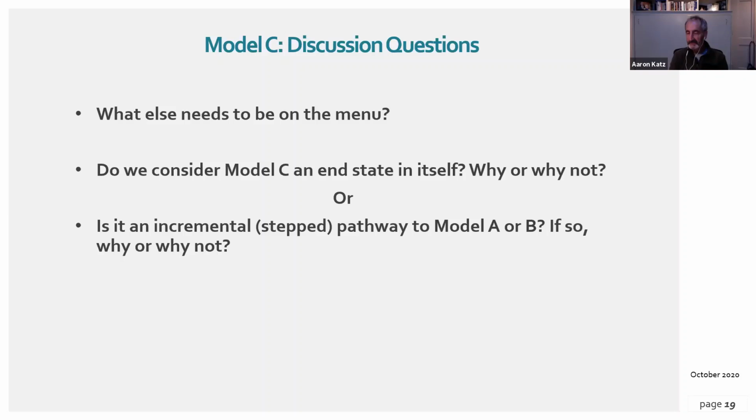The history, and Jane and others who've been around as long as I have will attest to this, is that we will not be able to afford coverage expansions if we do not create a system that is more efficient and able to control spending better than the current one.